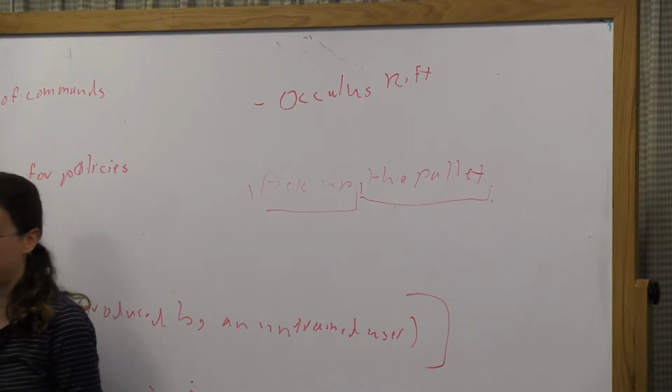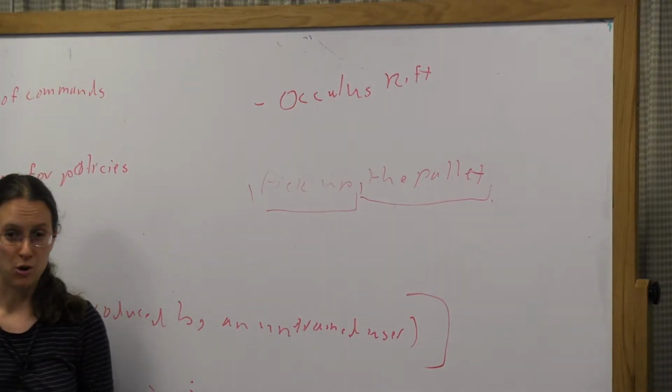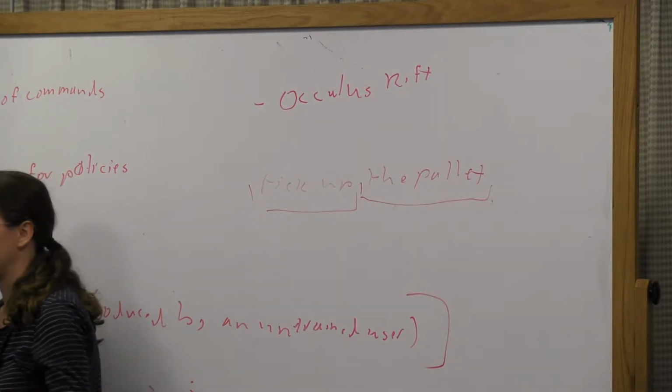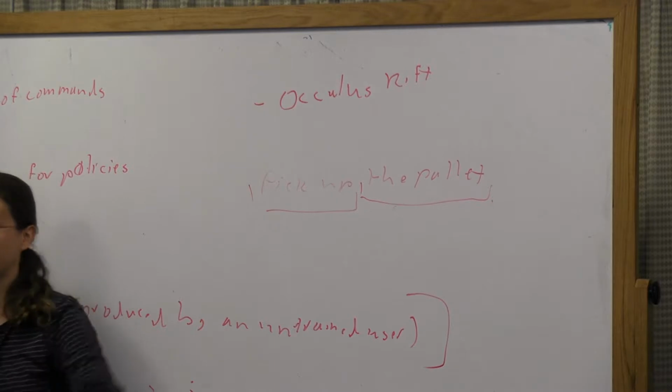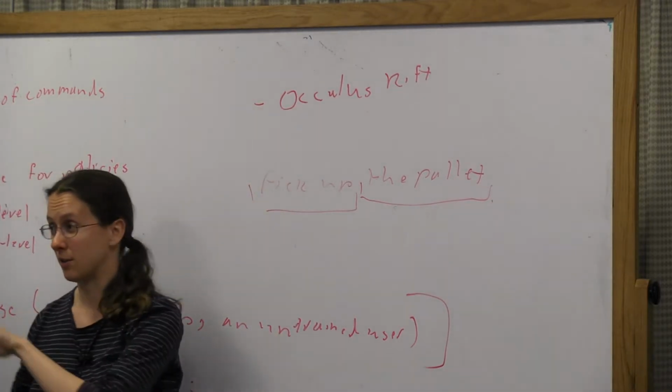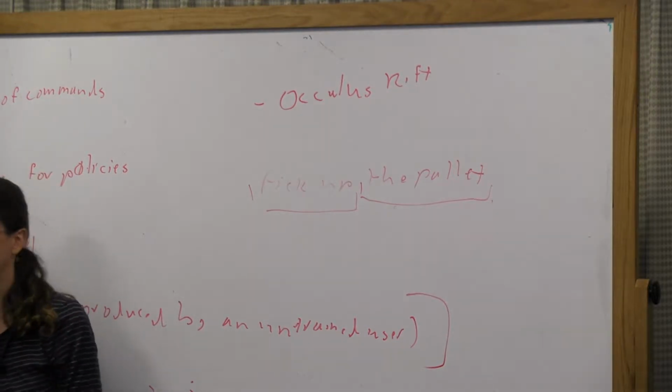Similarly, I could say pick up the pallet, kick the pallet, drive next to the pallet, go in circles around the pallet, or take a picture of the pallet. And again, it's all the pallet, and the verb is different, and I'm changing the action that I'm doing, but it's all the same words, all the same objects.